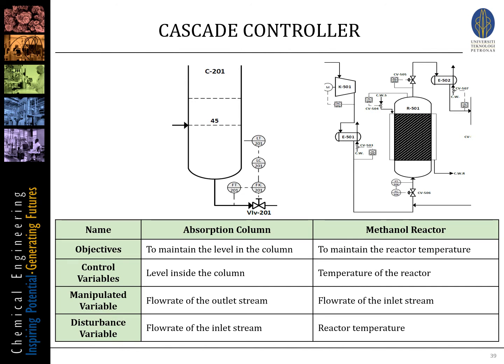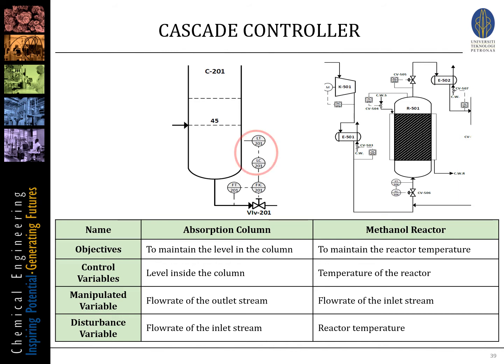The next controller is the cascade controller, which is applied in our absorption column and methanol reactor. A cascade controller consists of 2 controllers working together, one is the primary controller and the other is the slave controller. The primary controller will send a signal to the slave controller, while the slave controller will send a signal to the control unit to adjust towards the desired set point.